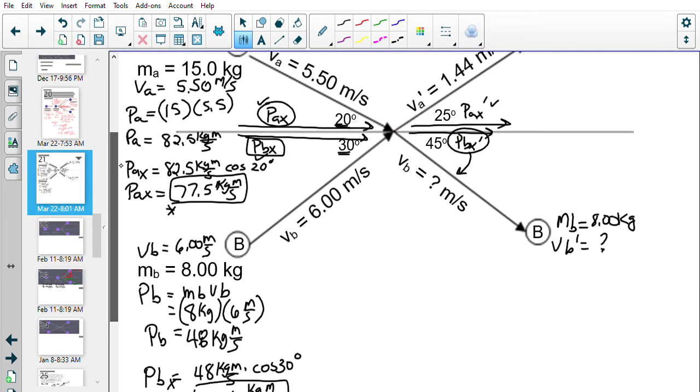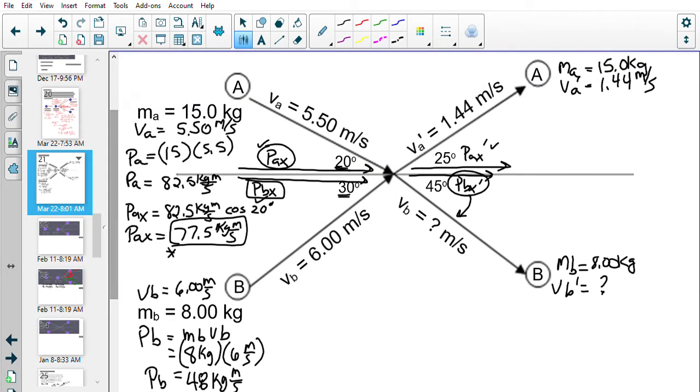I now need to go over and look at the after momenta. So the after momentum for object A, you'll get PA prime, which is MA VA prime. So 15 kilograms and 1.44 meters per second. My PA prime is going to be 21.6 kilogram meters per second.